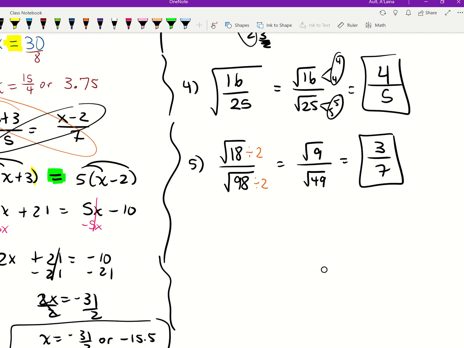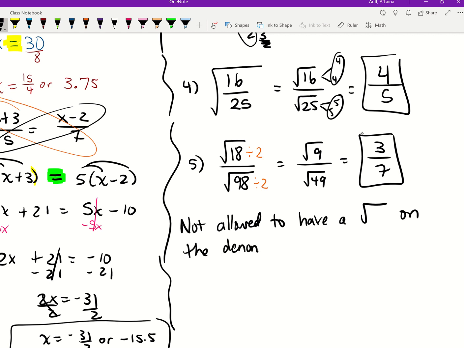The last type is we are not allowed to have a square root on the denominator of an answer. So for our final answer, if we can't get a whole number here, then we have to use a specific process called rationalizing.